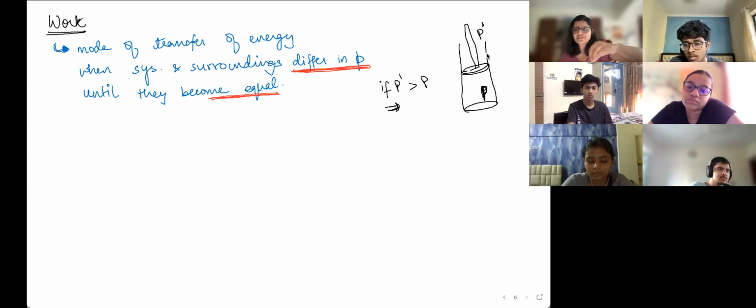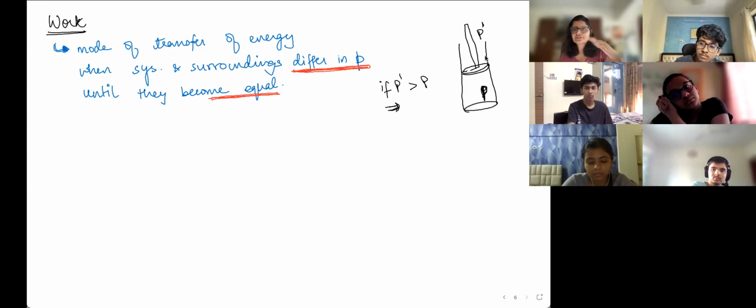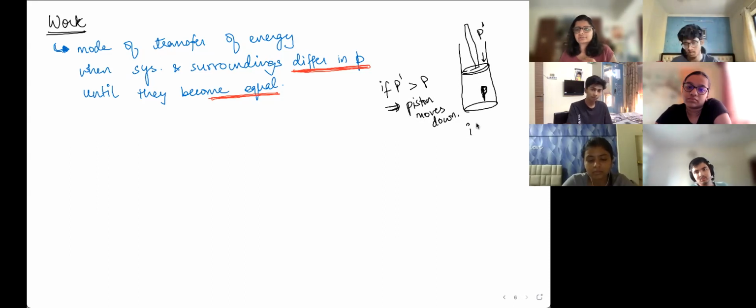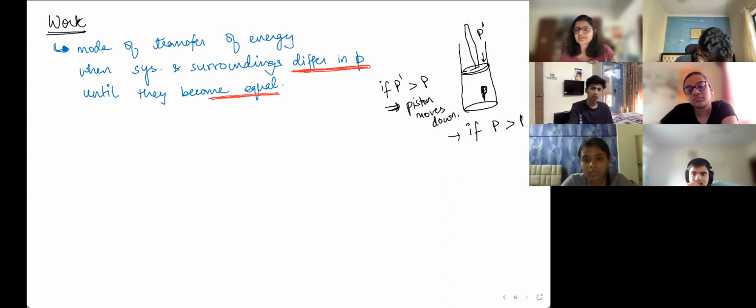Yes. Pressure is nothing but force per unit area, right? If somewhere pressure is more, there's going to be force applied. So the piston moves downward. Now, if you consider the reverse case, if P is greater than P dash, so there is a lot of pressure inside, more than the outside pressure, then what will happen?